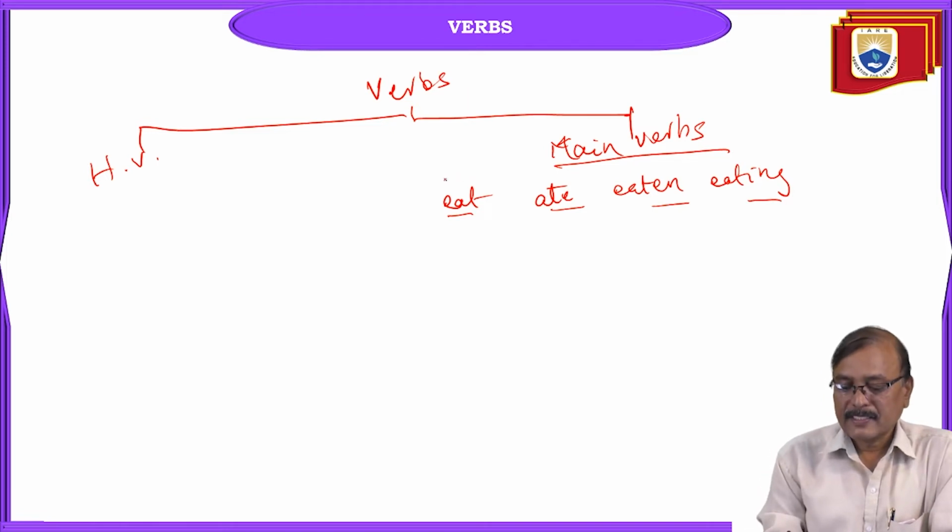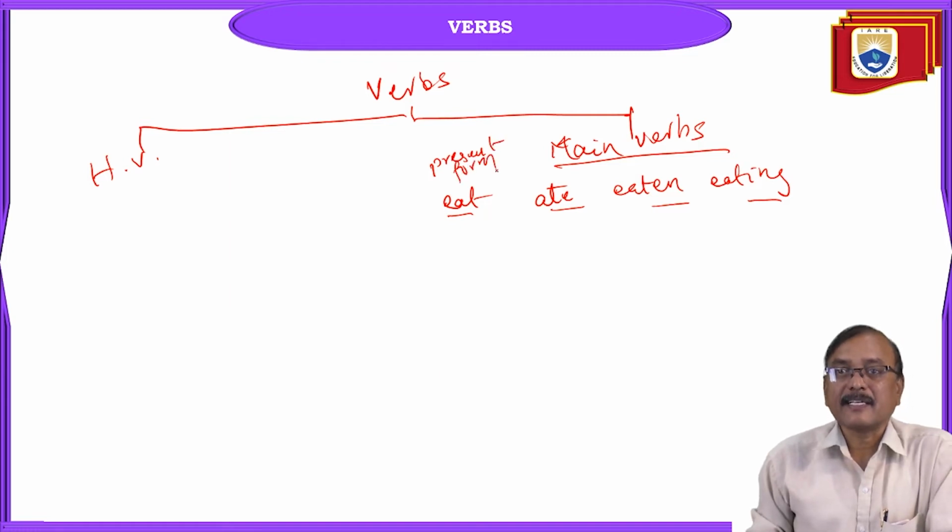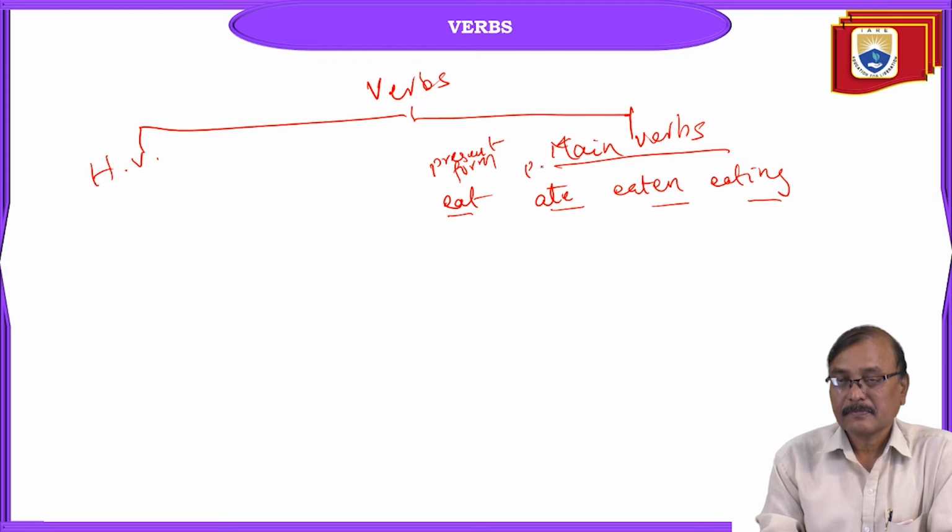You can call this the present form. These are forms only, not the tenses. This is the past form. This is the past participle.